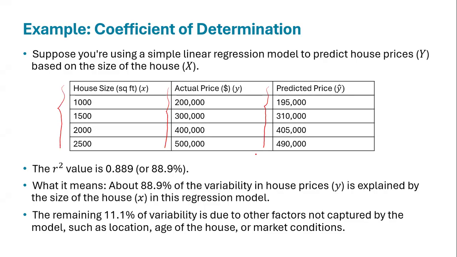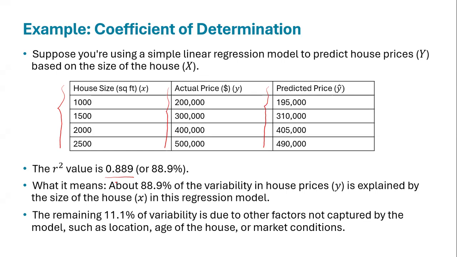If you calculate the R square in this example, you will see that the R square is 0.889. Since we usually represent the R square as a percent, it means that R square is 88.9%. It means that the regression line in this example shows that 88.9% of the variability in the Y value is explained by the X value.